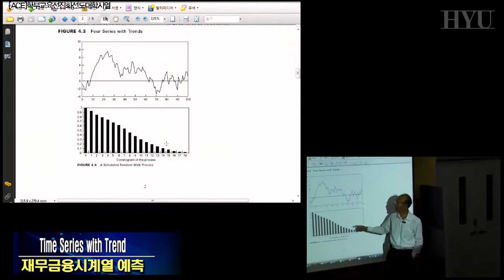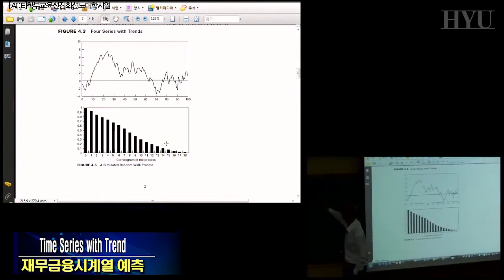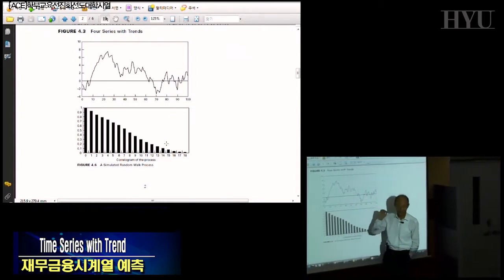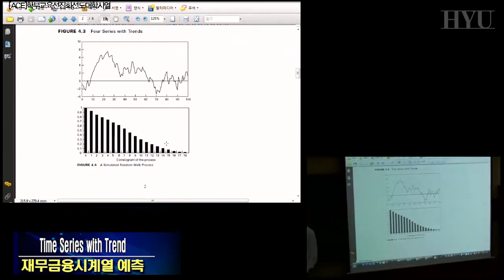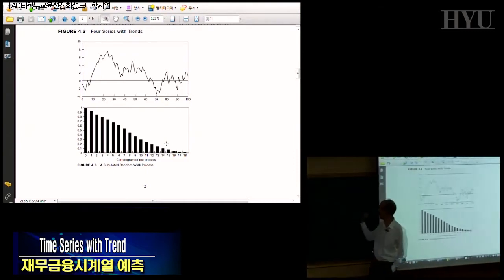So you may think that this was generated from an AR(1) process, which is y_t = phi * y_{t-1} + epsilon_t. You might mistakenly think, even though it was generated from the random walk, that it was generated from this one.